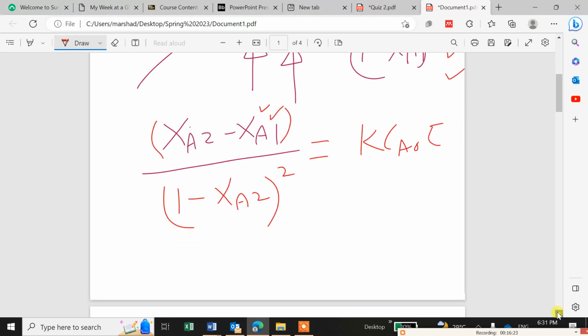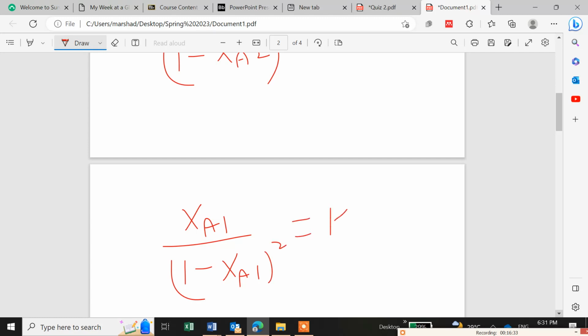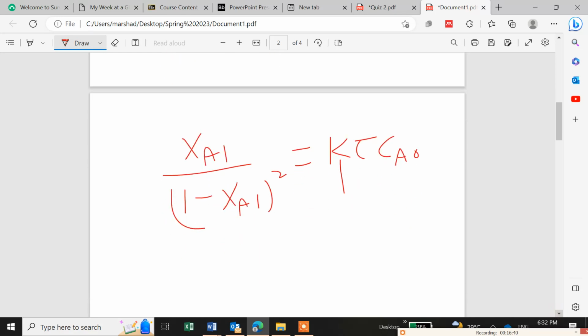Theoretical conversion 1, how can we find it? So this is XA1 divided by 1 minus XA1 square equals K tau CA naught. K literature value is given to you, theoretical value 0.1 something. Tau residence time, CA naught is given, right? 0.06.